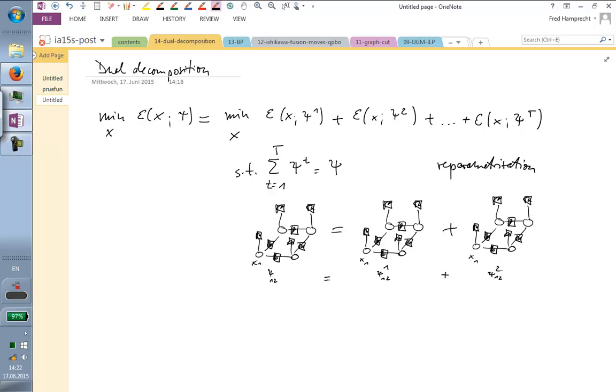And the same holds for every potential. Okay, and provided that I use the same labeling, this is just a more complicated way, or there are of course many possibilities to reparameterize. I could, for example, split this in the following sense that I could delete, let's say, this potential in the one graph and let the other graph consist of all other potentials except the one that I have deleted.